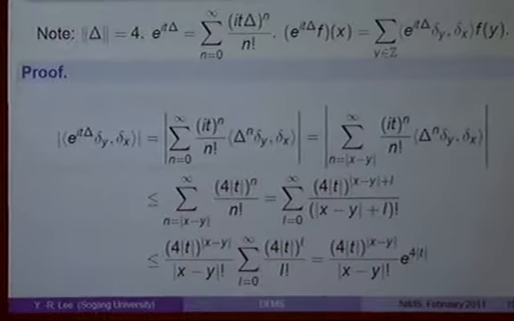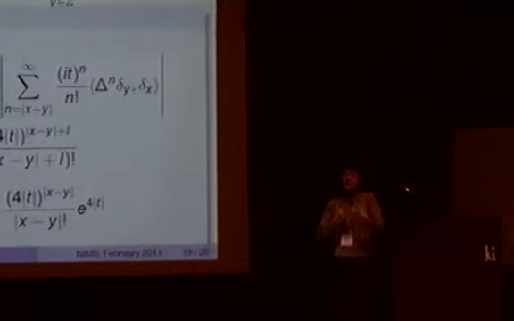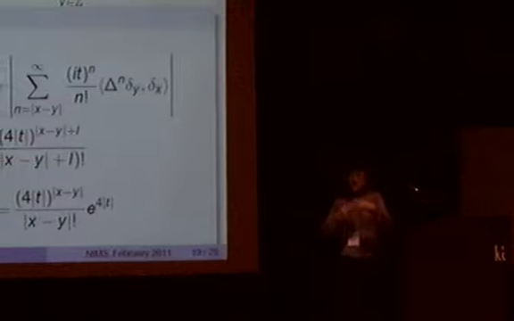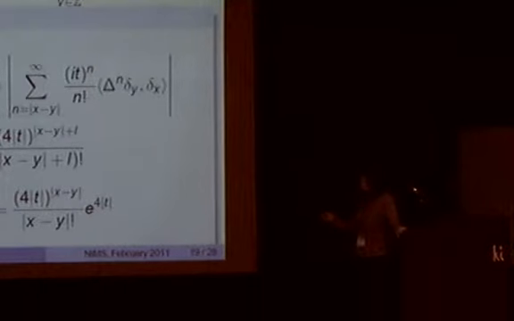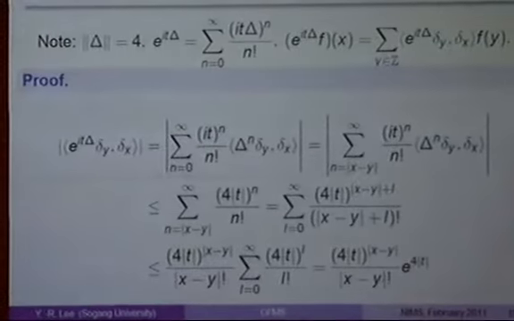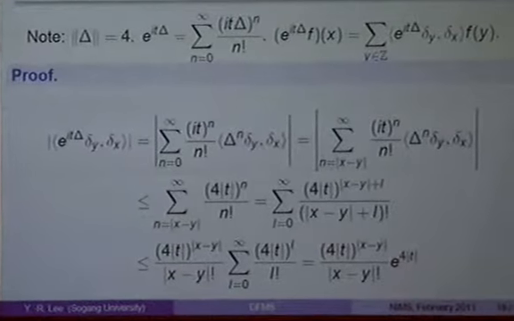We cannot connect anything if they are too far. Do you see? Because this discrete Laplacian connects the value only to the nearest neighbors. So when you apply it twice, you get a connection with one more nearest neighbor, right? So exactly this sum is the same as n starting from the distance of x minus y to infinity.